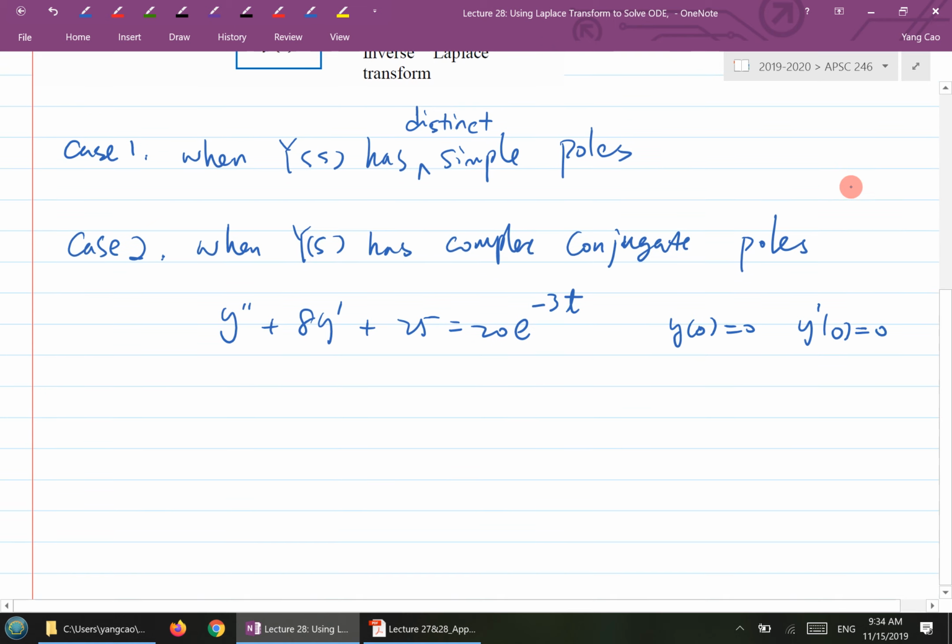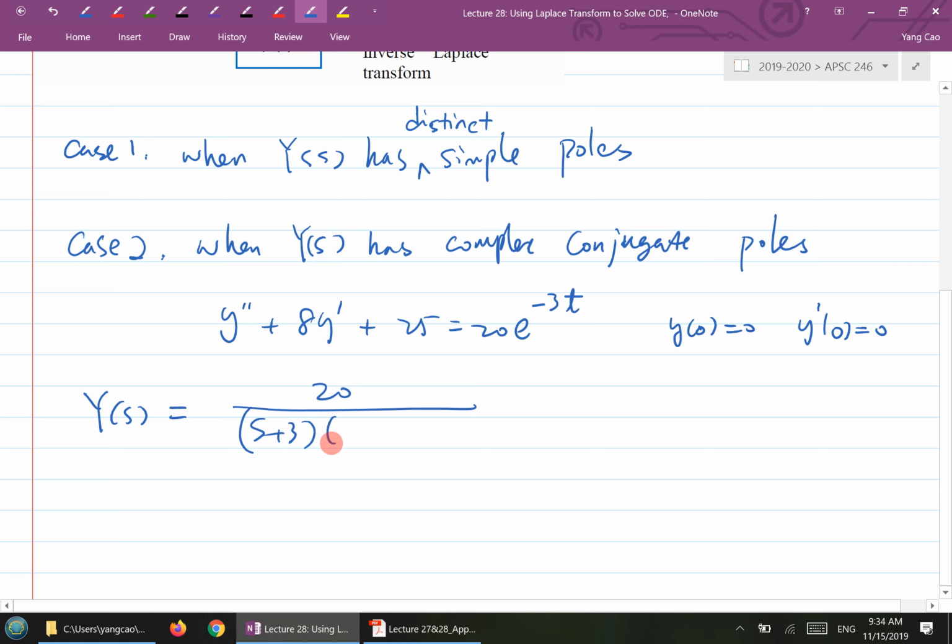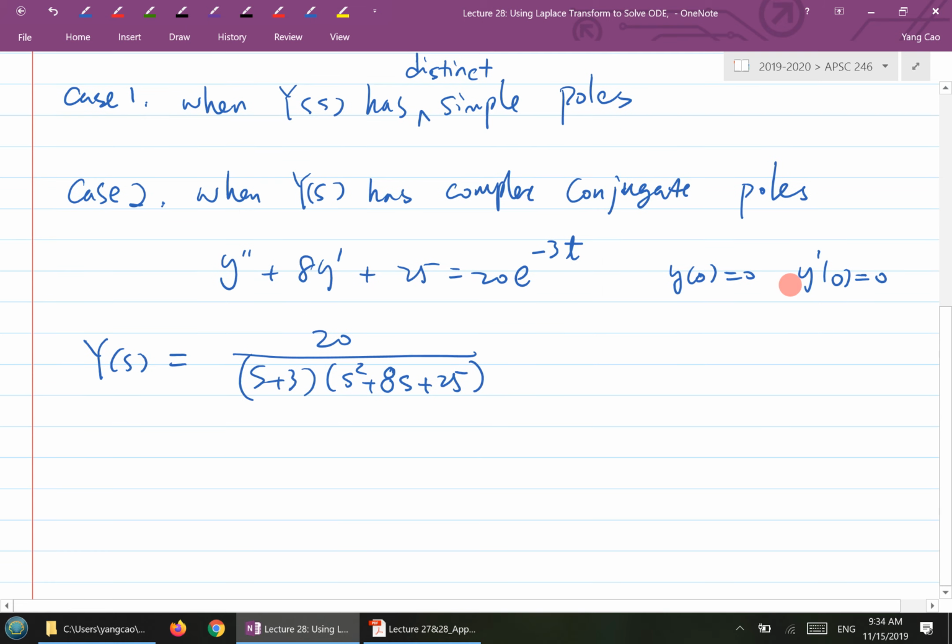I'm going to skip a few steps because we did that in the previous lecture. So the Y(s) you get is 20 over (s plus 3)(s squared plus 8s plus 25). So you get Y(s) equal to this.